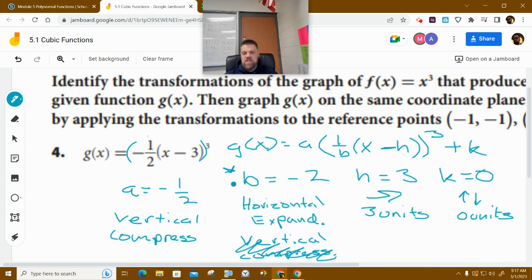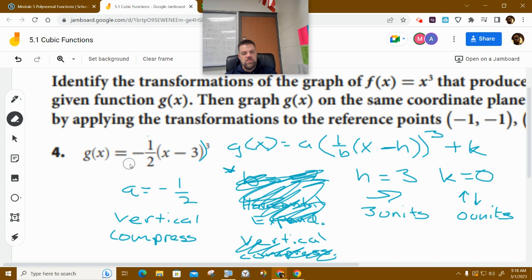So I wrote down B, and I got to think that through. I think mathematically this is wrong. So scribble that out. And I think the reason for that, the justification for that, is because this is not in parentheses.